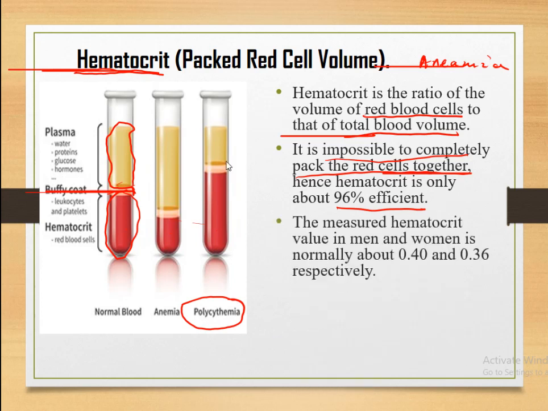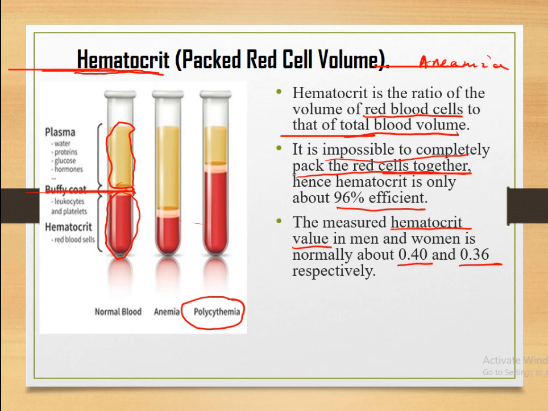The hematocrit value is simply the ratio between the red blood cells and the total blood volume. In men the value is 0.4, whereas in females it is 0.36. There is not much variation, as you can see.